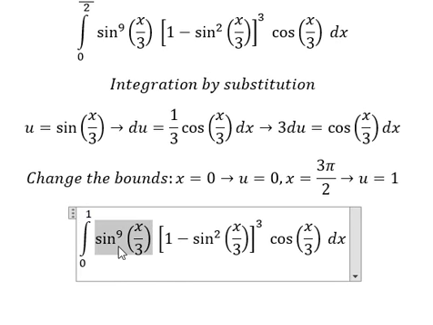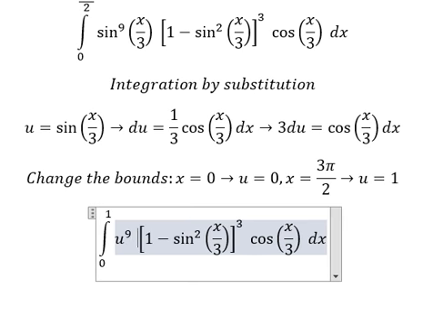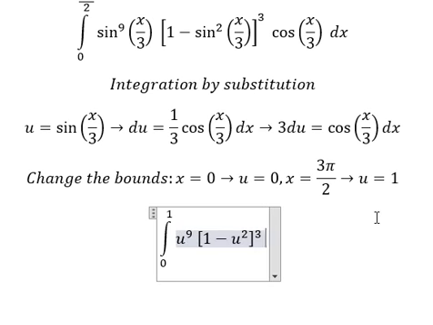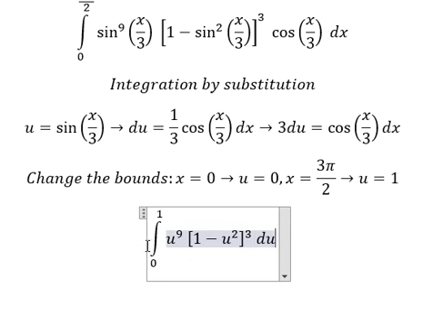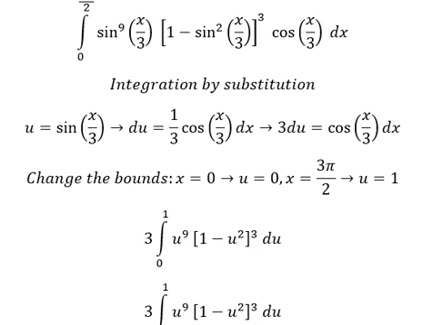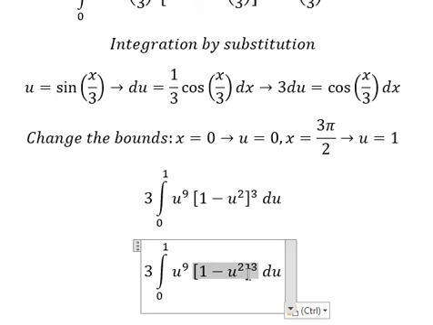This one we change for u, and that's about u to the power of 9. This one we change for u squared. This one in here, we change 3 du. And now, we need to expand this one.